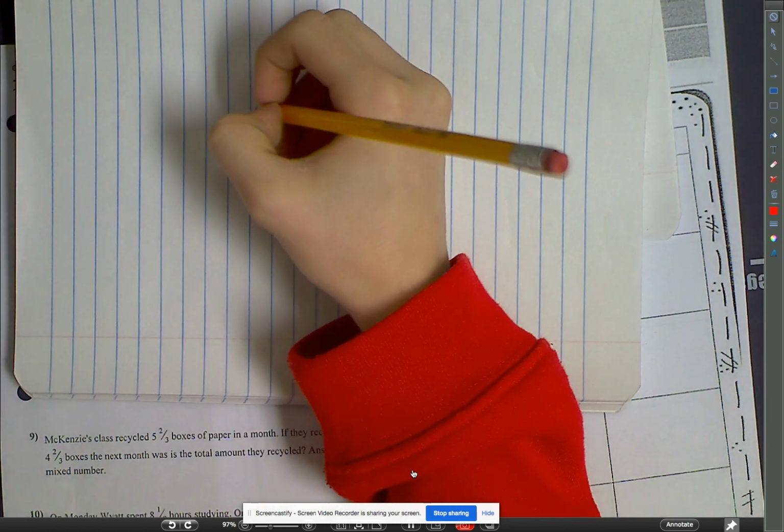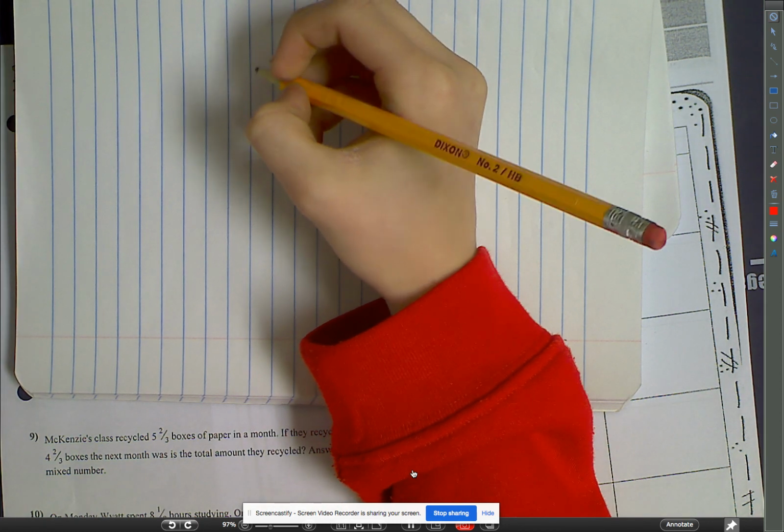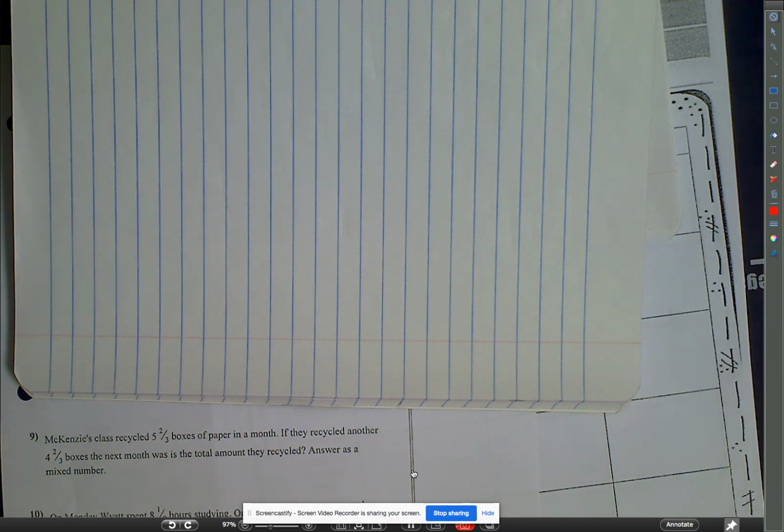So what are you going to do? We're going to add. Why? What tells you that I need to add these? Because it's saying if they recycle another box, when you say another, it's like add. No, that doesn't tell me that. There's another word in there. The total amount. Yes, the total amount. Circle the total amount. That's what told me to add those fractions.